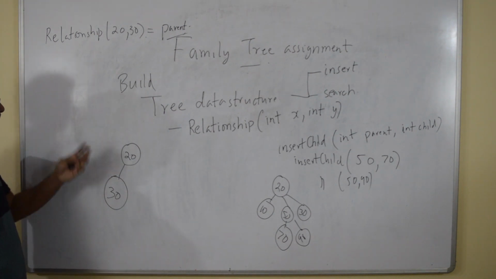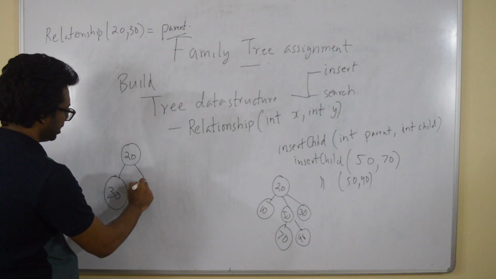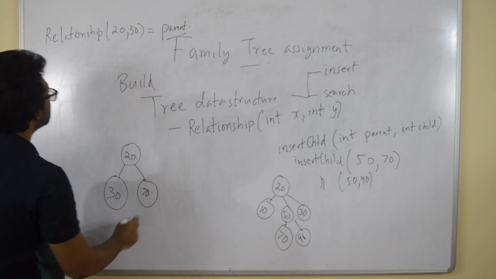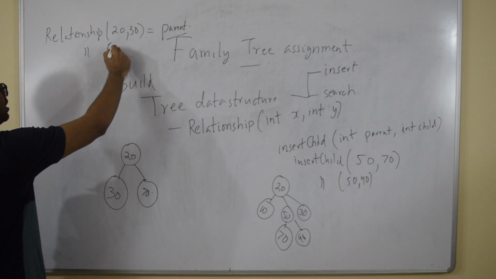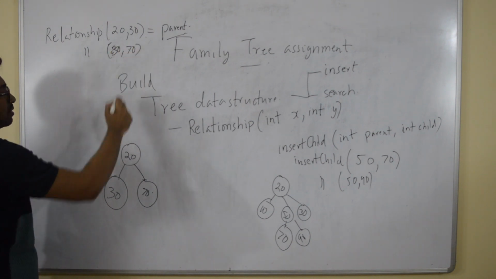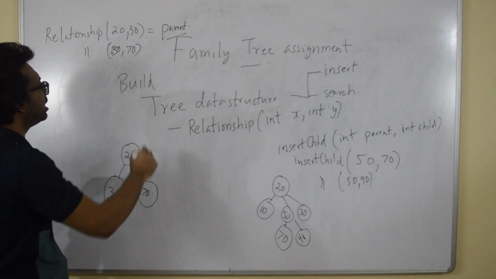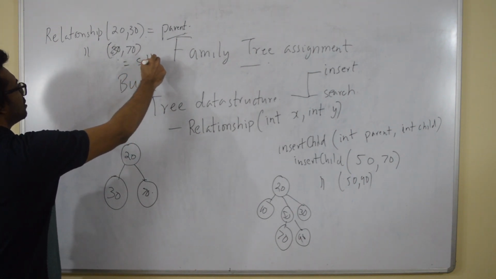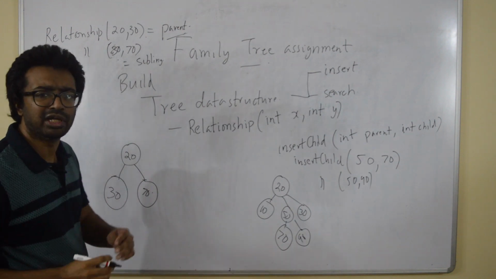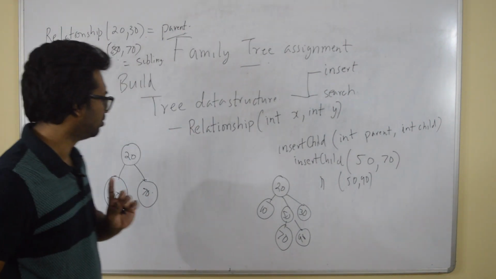It is a family tree, so now let me call something else. 30 comma 70. You should print something like sibling, or you can write something like brother or sister. Fine, both are fine for me.